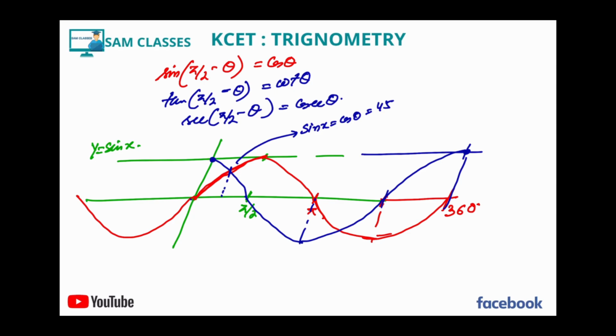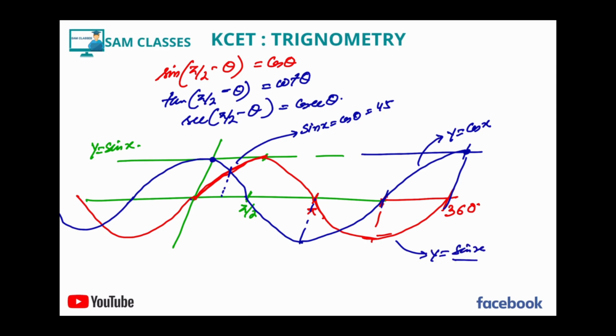So every sine, cos, tan graph repeats after an interval of 360 degree. So till 360 degree, we need to know how to draw it. After that, we can just repeat it. So this way, it will go back like this, and it will be the graph like this. So this is the graph of y is equal to cos x, and this is the graph of y is equal to sin x.